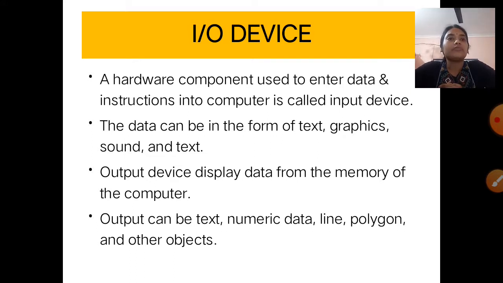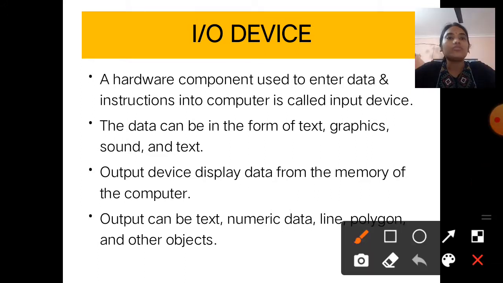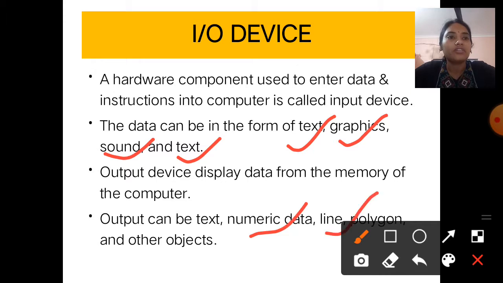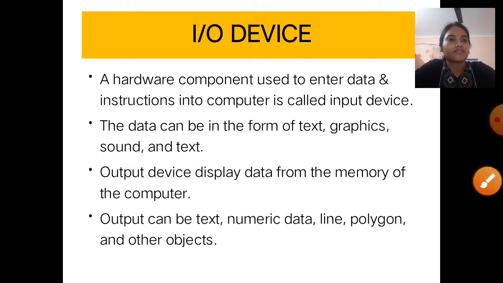The data can be in the form of text, graphics, sound and video. Output devices display data from the memory of the computer. Output can be numeric data, lines, polygons and other objects. These are the I/O devices.